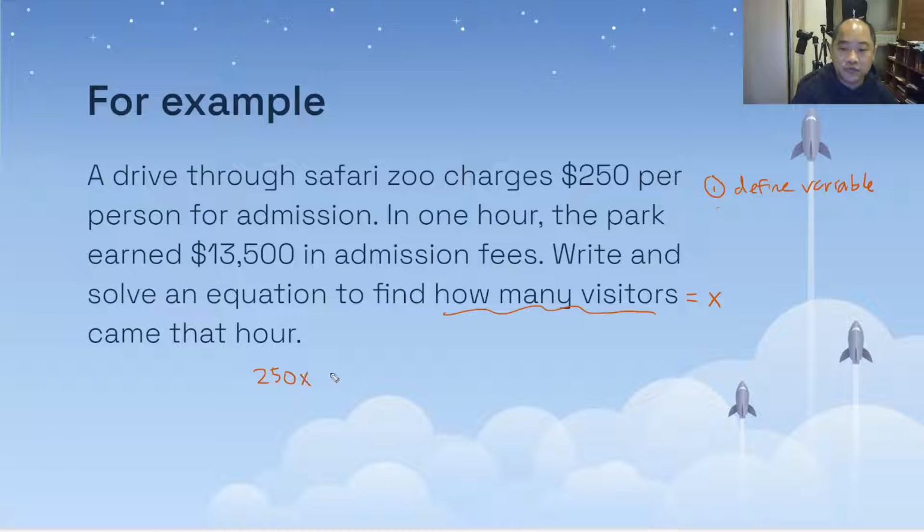So 250x equals 13,500. So we divide both sides by 250, and that gives us 54. 54 visitors came that hour.